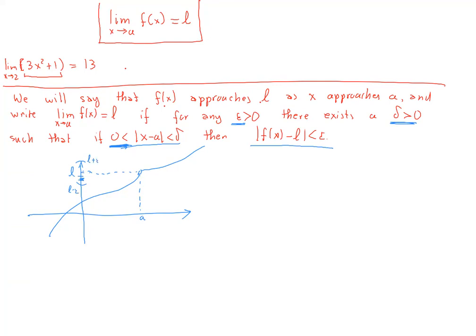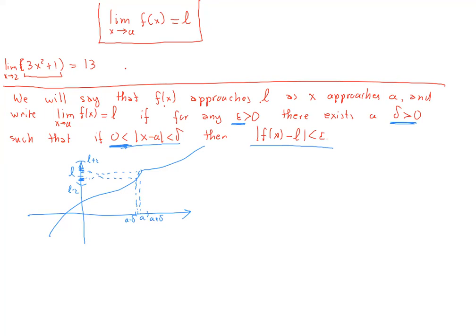So we want our outputs to be within epsilon of the number L. Then our response to this challenge is to provide a number delta, so that if we go from A minus delta to A plus delta, with the possible exception of the number A itself, and that's why we put that the absolute value of x minus A should be less than delta and greater than 0, then for any input chosen in here, the corresponding output falls in the desired interval.